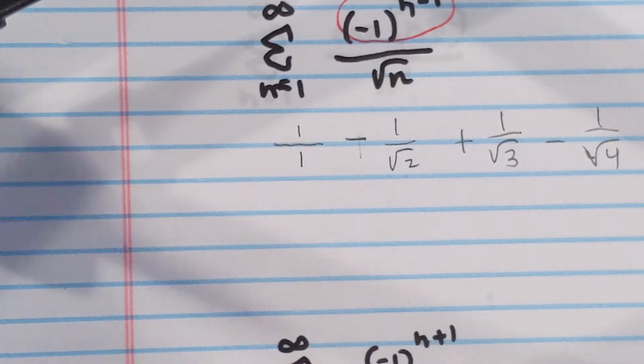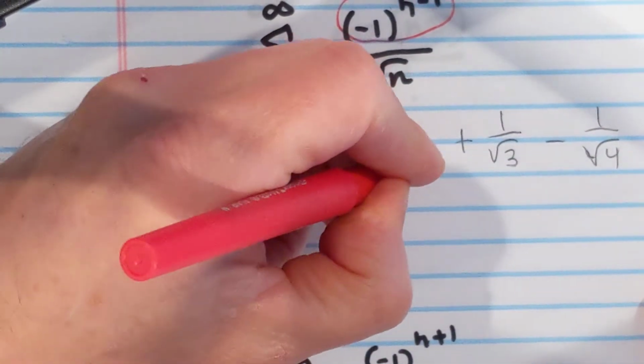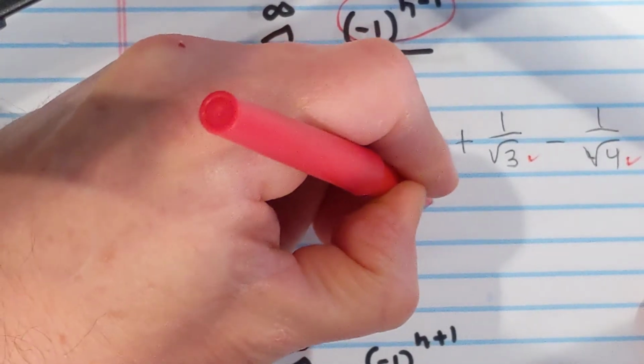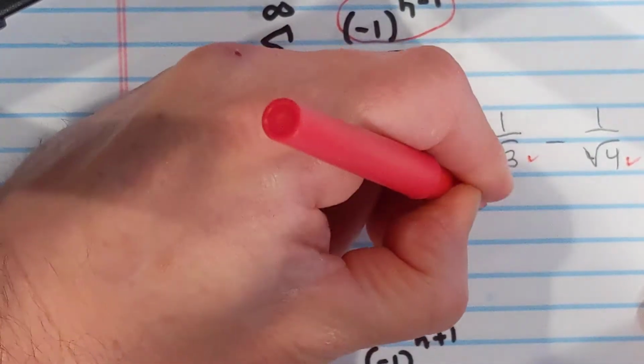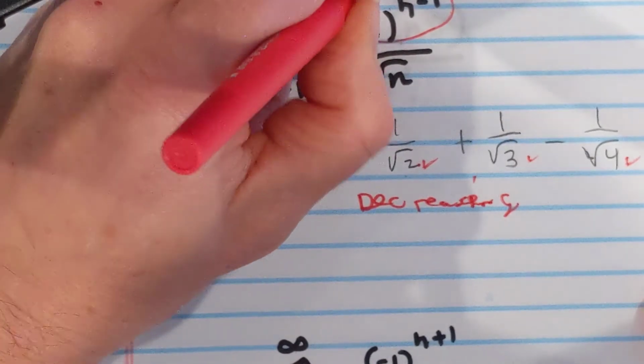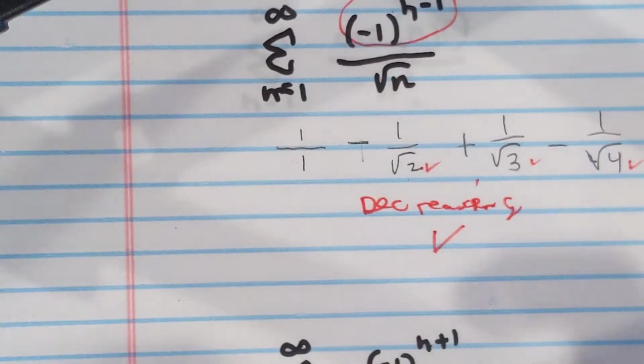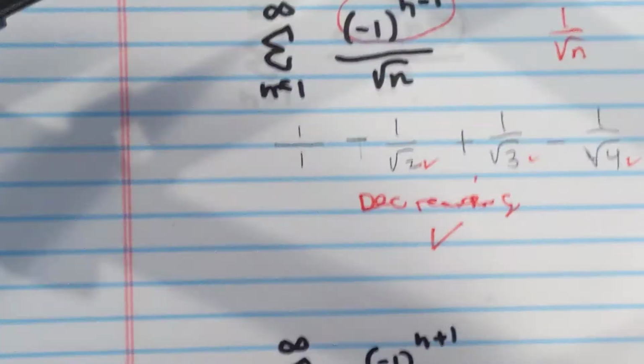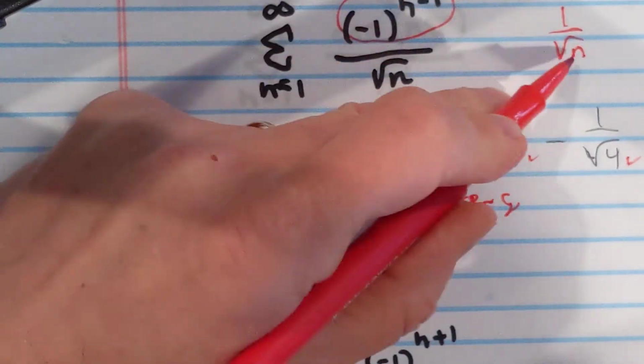Okay, the question is, are these getting bigger, and therefore this is decreasing. That's real good. Now that it's alternating, it's decreasing. Let's check that other term. The other part that's not the alternating part is this one.